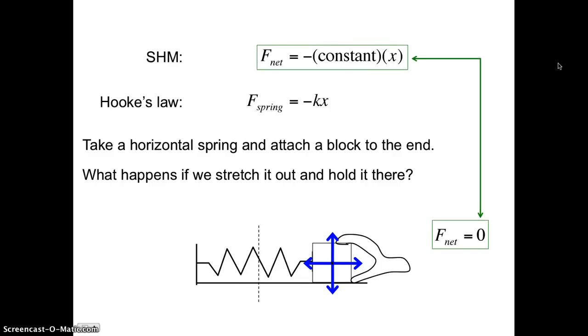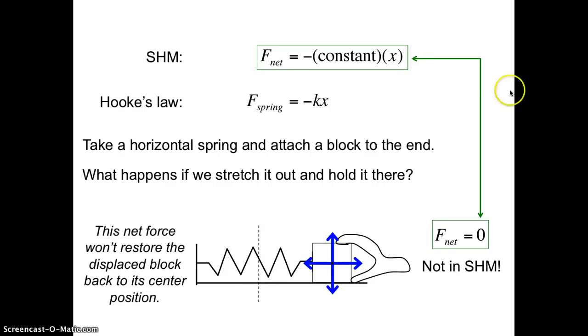So the stationary block fails to satisfy this requirement, and it's not in simple harmonic motion. Intuitively, this makes sense because a zero net force cannot restore this block back to its center position, and a zero net force can't cause the block to be moving back and forth in simple harmonic motion.